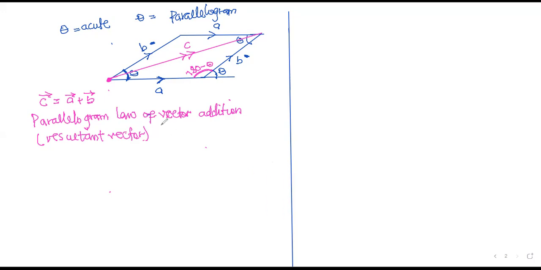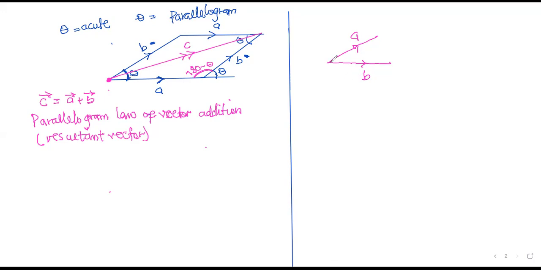So what it means is that if two vectors are represented by the adjacent sides of a parallelogram which are directed away from a common point, so we have two vectors which are the adjacent sides of a parallelogram. If this is A and this is B, A and B are the two vectors which represent the adjacent sides of a parallelogram which are directed away from their common point.